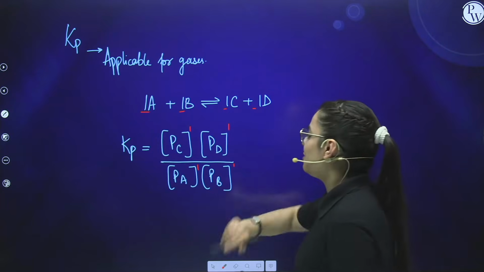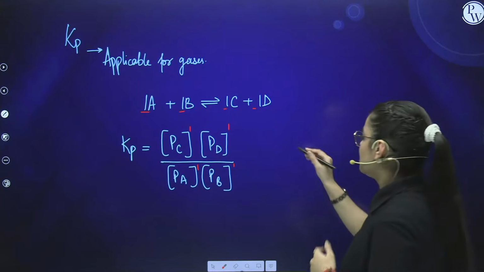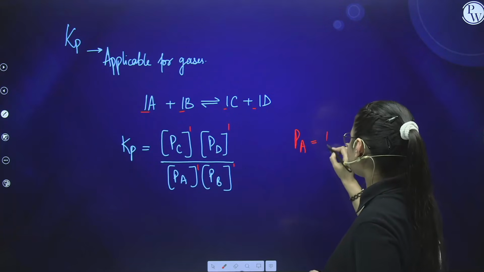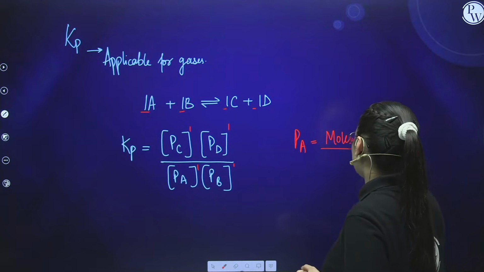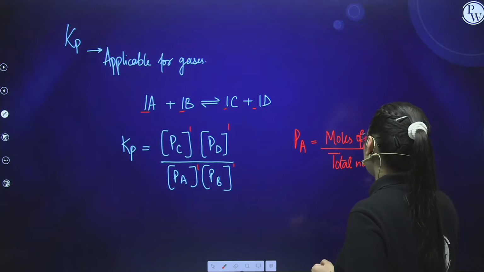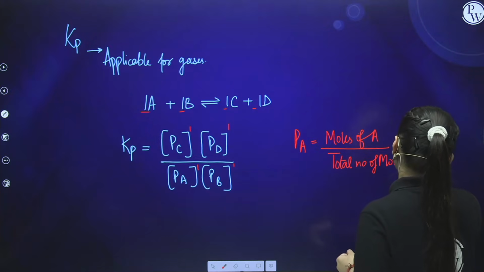Now, to calculate the partial pressures, there's a formula. The partial pressure of A is going to be moles of A divided by total number of moles, into total pressure.